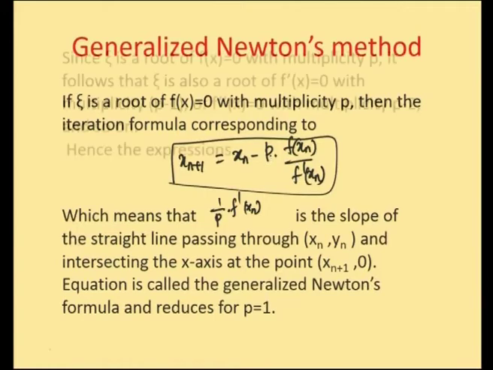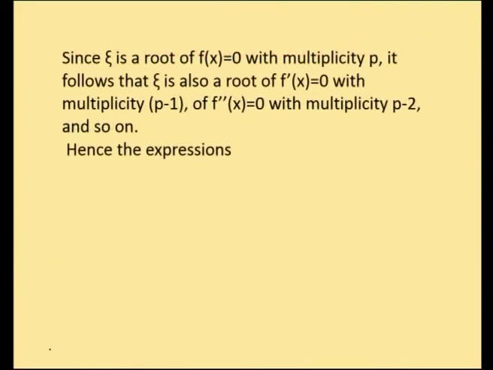and this reduces to the Newton-Raphson method when p is equal to 1. If epsilon is a root of f of x equal to 0 with multiplicity p, it follows that epsilon is also a root of f dash of x equal to 0 with multiplicity p minus 1, and a root of f double dash of x equal to 0 with multiplicity p minus 2, and so on.